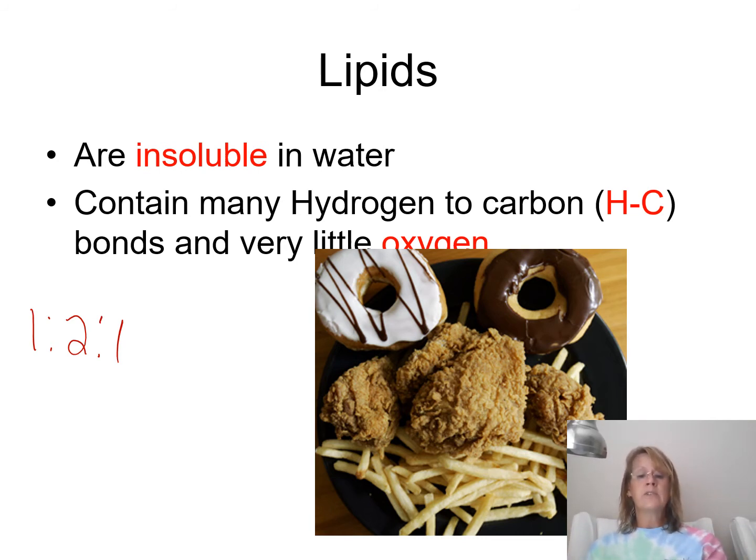In the case of lipids, they are made from the same three ingredients, but there is a lot of hydrogen, and there's a lot of carbon, but there's very, very little oxygen. So even though they have the same three parts, remember, structure determines function, the parts aren't in the same number, and we're going to arrange them differently.